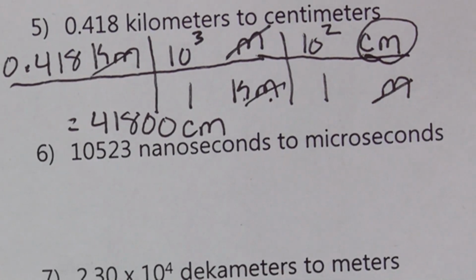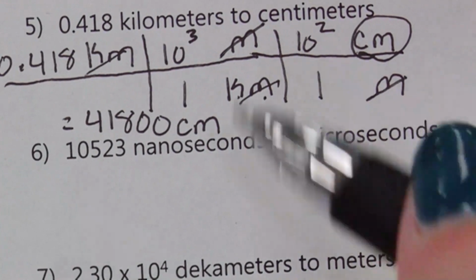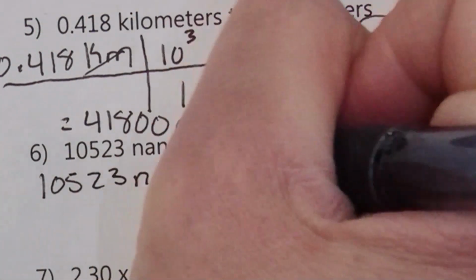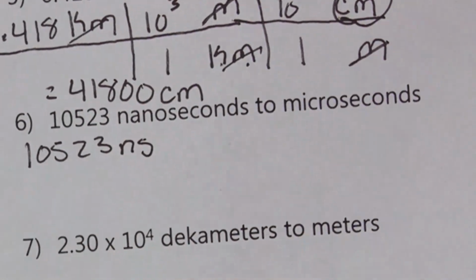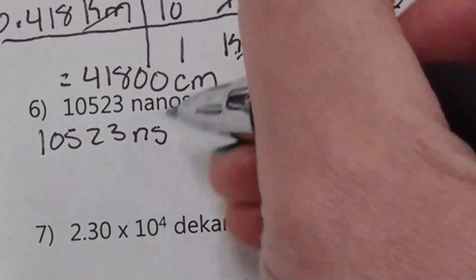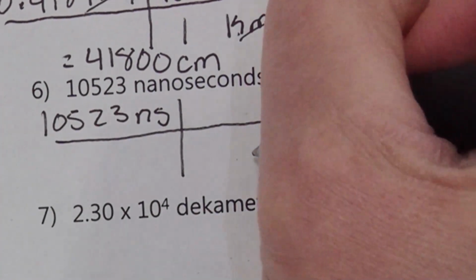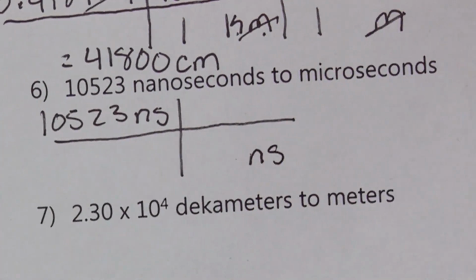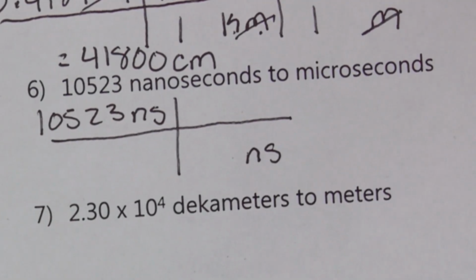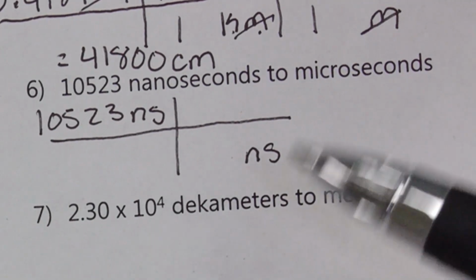Let us do one more practice problem. 10523 nanoseconds. Because nanoseconds is on top, it goes on bottom. I must always go to a base unit first.